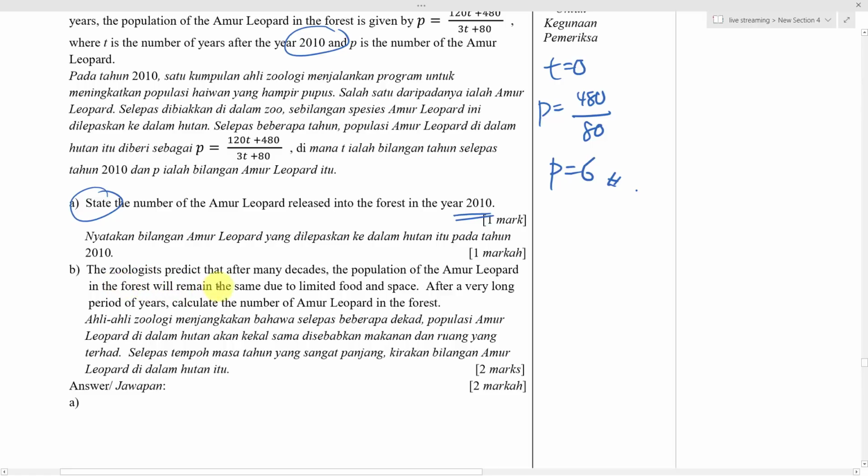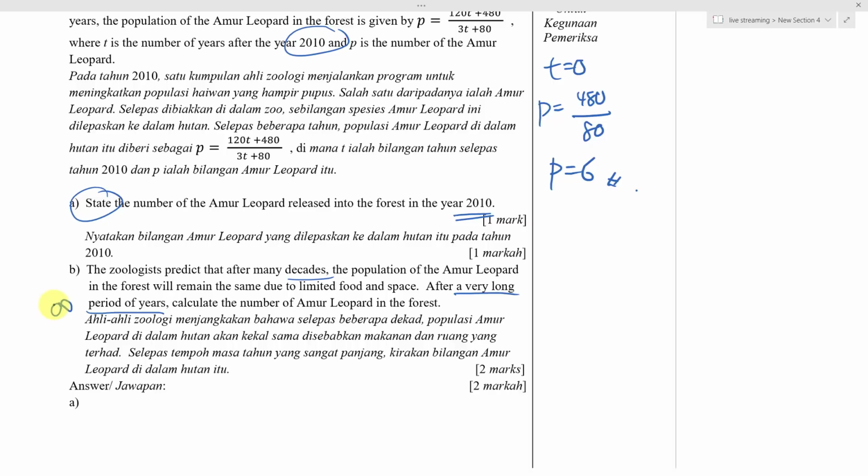So the question says the zoologist predicts that after many decades, so after a lot of years, the population of the Amur leopard in the forest will remain the same due to limit of the food and space. So after a very long period of years, this actually indicates something like infinity. Calculate the number of Amur leopards in the forest.